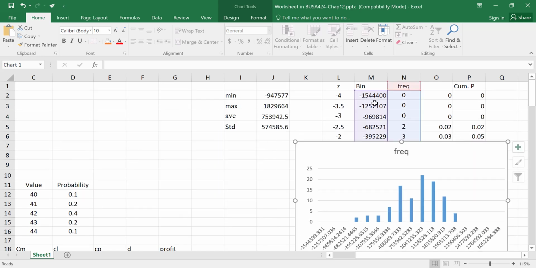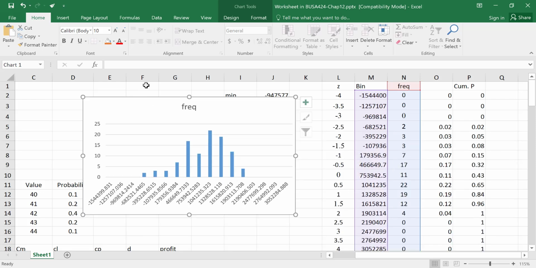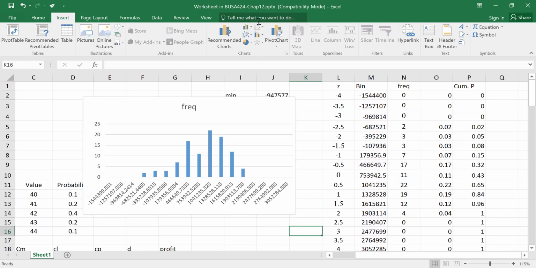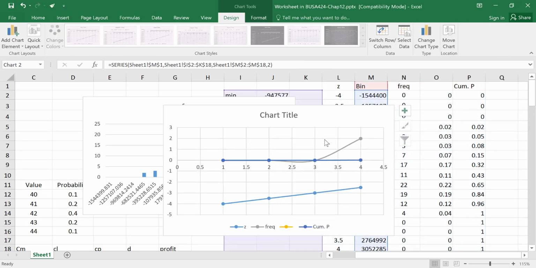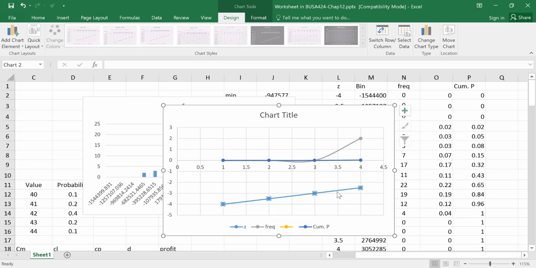So let's plot this one in another graph. Let's choose this graph and remove all of this.